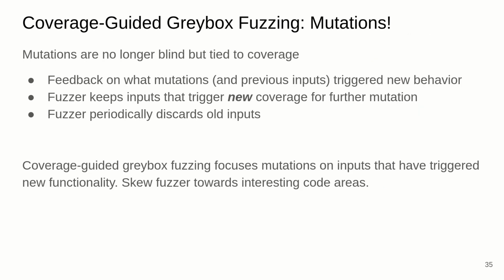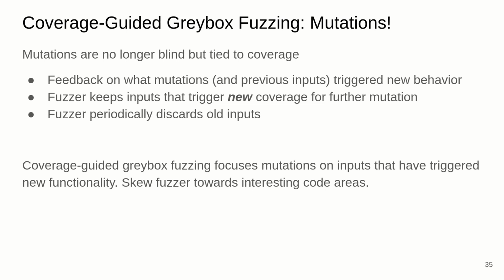So coverage-guided Greybox fuzzing lives and profits from these mutations. The mutations are no longer blind, but tied to the coverage that we have explored. This gives us feedback on what mutations and previous inputs triggered this new and interesting behavior, and the fuzzer keeps input that triggers new coverage for further mutation, allowing it to incrementally explore and change things.